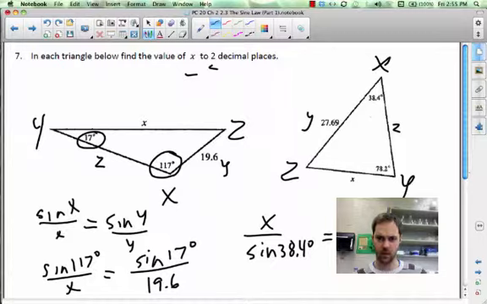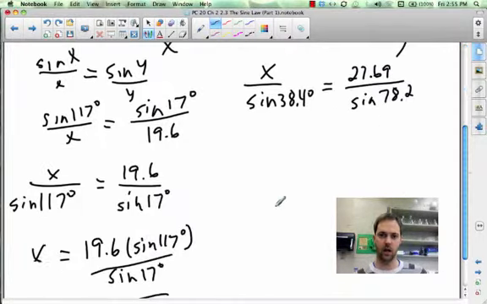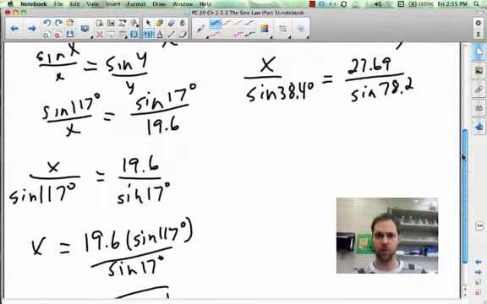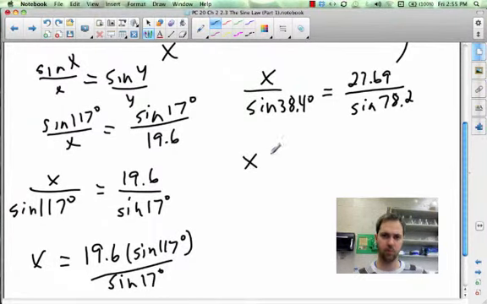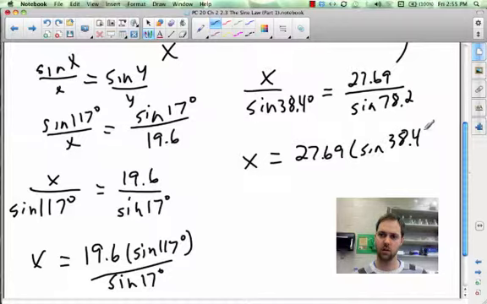Equals y, which is 27.69 over sine 78.2. Go ahead and solve for x by multiplying both sides by sine 38.4. So x equals 27.69 times sine 38.4 degrees, all divided by sine of 78.2 degrees.